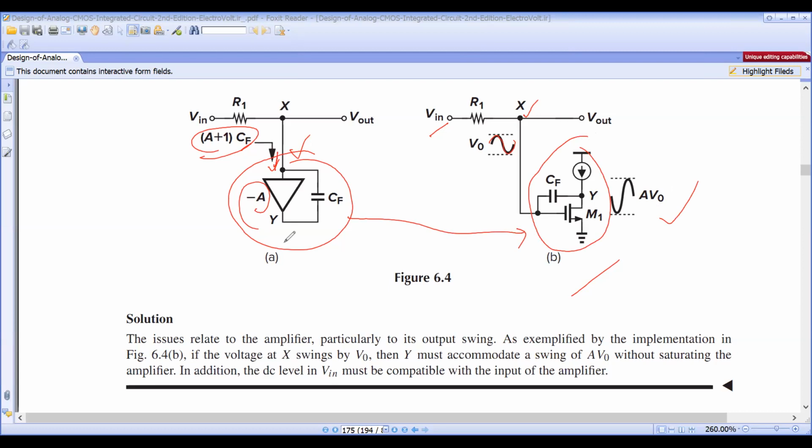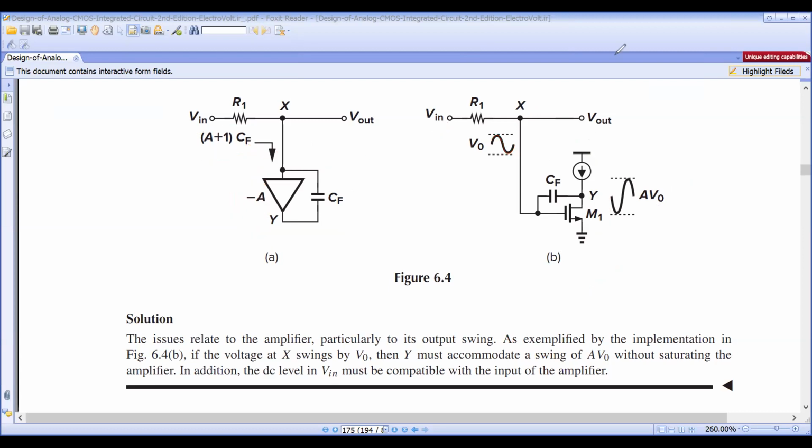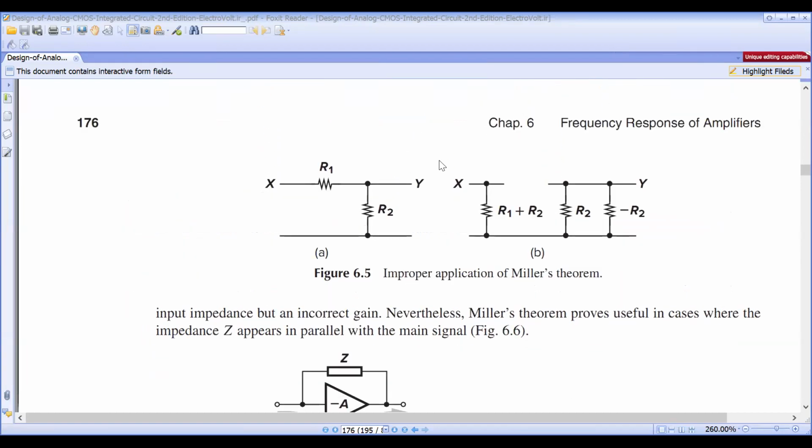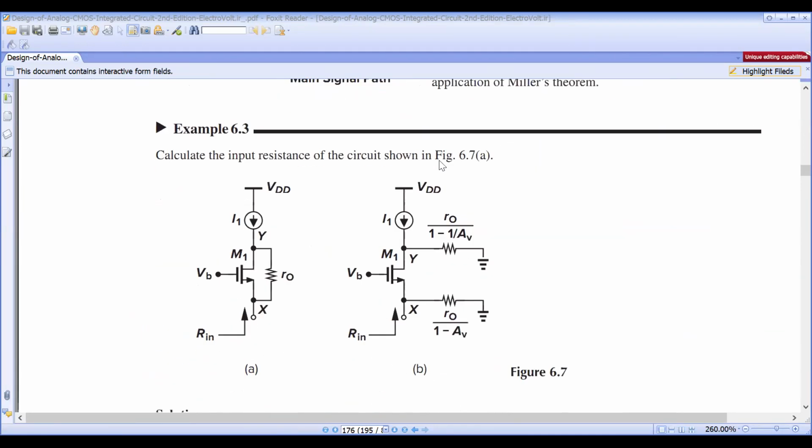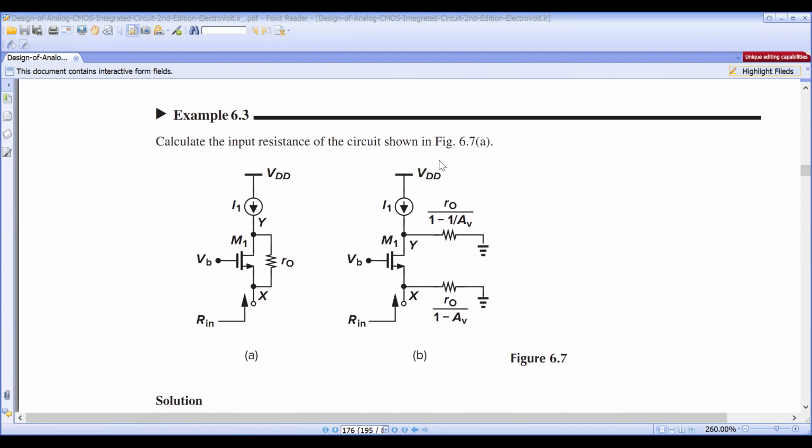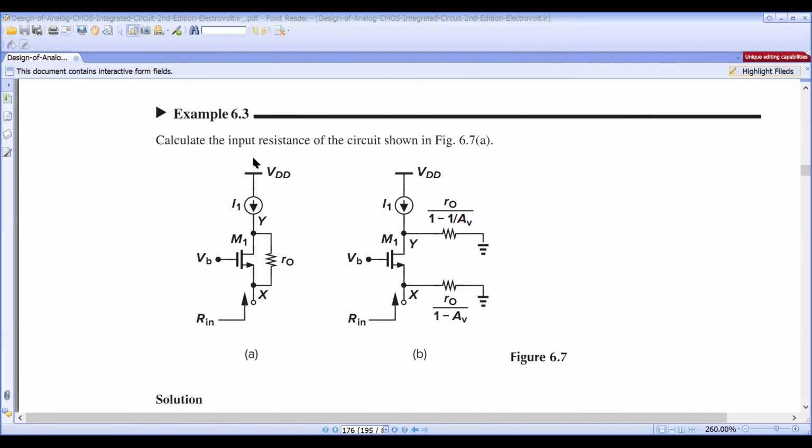Okay, this is another example. He's asking to calculate the input impedance of the circuit.